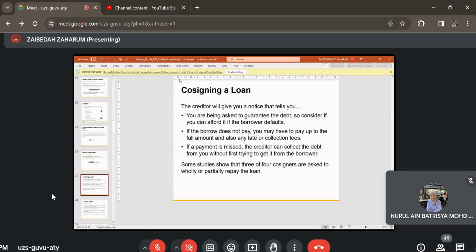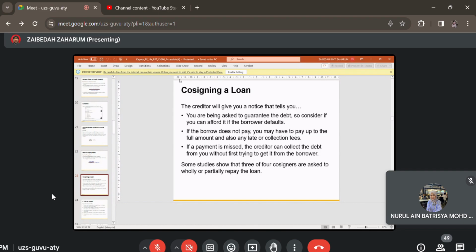Bila you bersetuju untuk jadi penjamin tadi, creditor akan bagi you notice, di mana you will afford to pay the debt sekiranya berlaku borrower default.